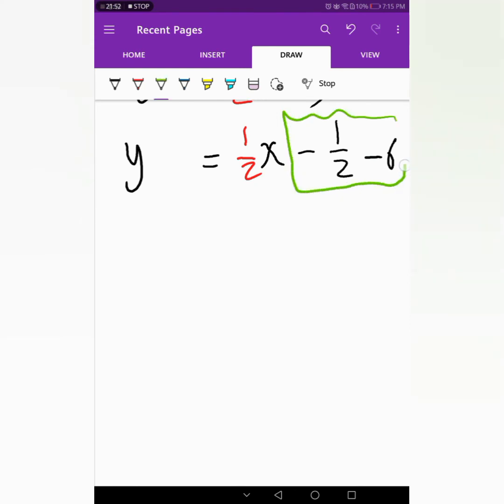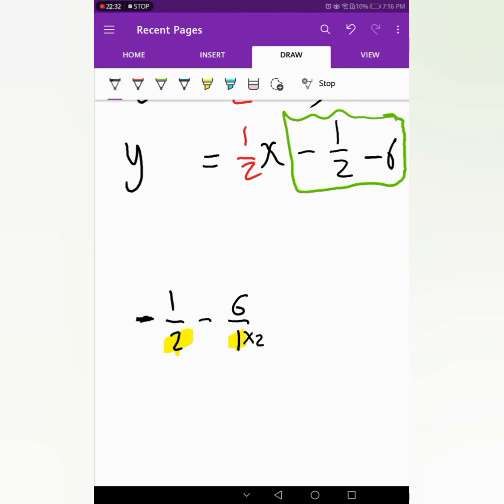Yes. Now, can I take this? My students do not like this because it is a fraction with a whole number. Yes, subtract from the fraction. Let me take it like this. -1/2 and -6, and the 6 is over 1. Yes, and remember that I cannot add or subtract until the denominators are equal.